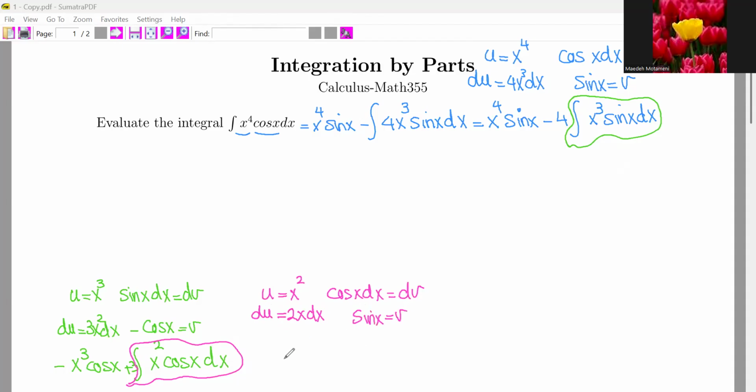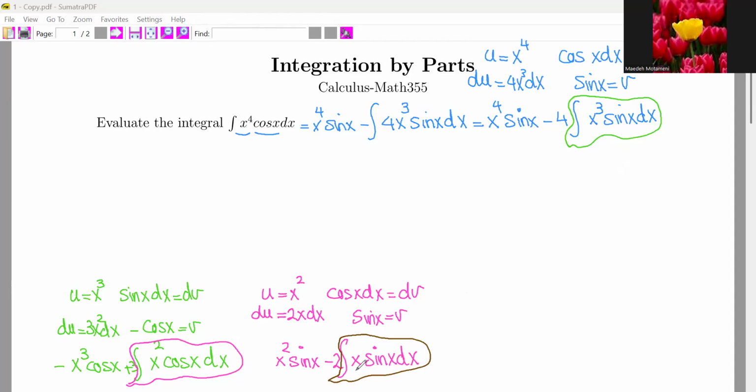So again, uv, which is x squared sine of x, minus the integral of v du. Let's bring out 2 here. So x sine of x dx here. Still, we don't know what the integral of this part is.